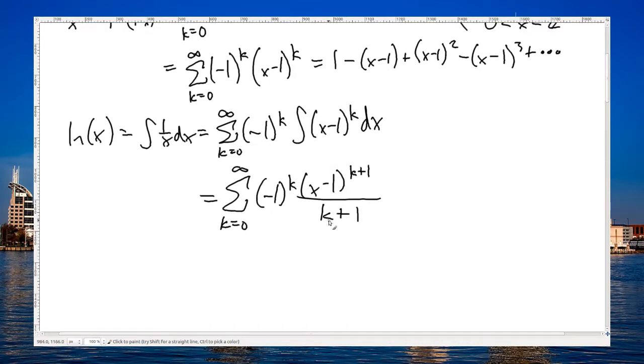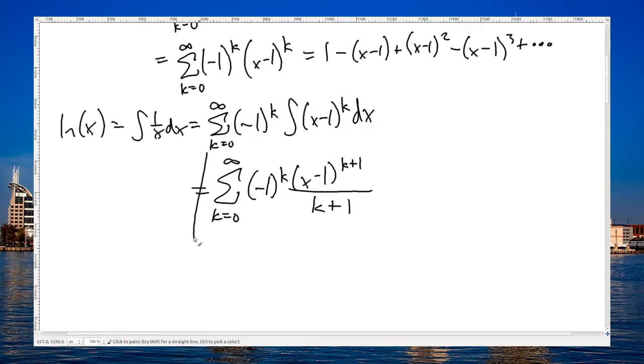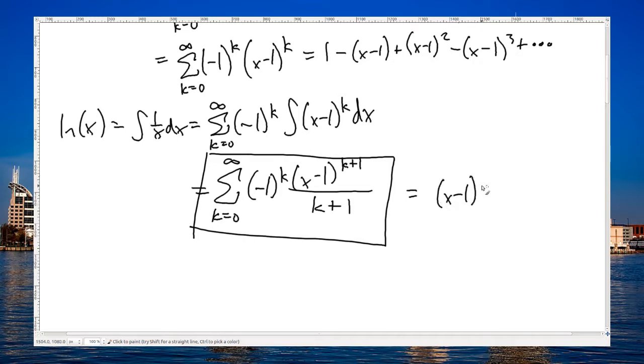And what happens then if I expand this out? That's all I've got to do, right? I expand this out, and I get x minus 1 to the 1 divided by 1 minus x minus 1 squared divided by 2 plus x minus 1 to the 3 divided by 3, so on and so forth.